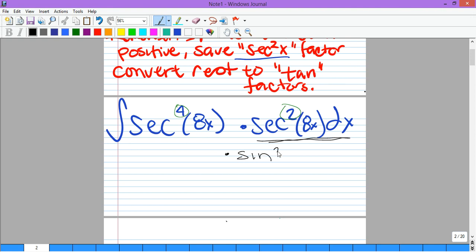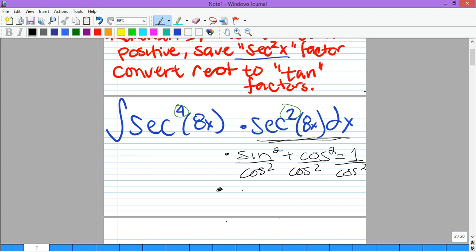One of the fundamental formulas is sine squared plus cosine squared is equal to 1. If we manipulate this formula, which is really cool, you can manipulate a formula and get a completely new formula.